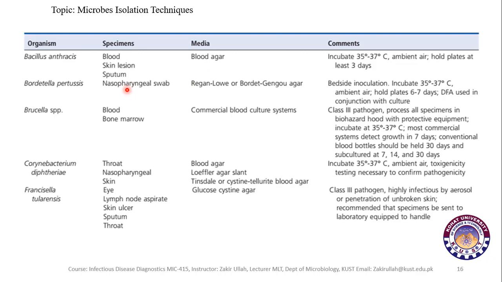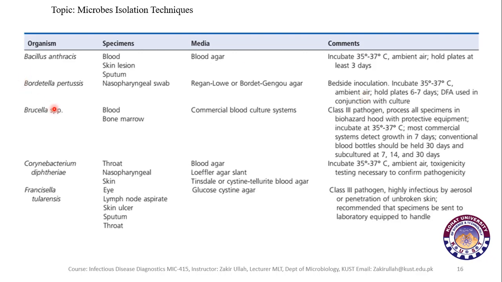Bordetella pertussis is isolated from the nasopharyngeal swab, and the media used is Regan-Lowe agar or Bordet-Gengou agar. Incubation is at 37 degrees centigrade for 6 to 7 days, and normal oxygen is required.